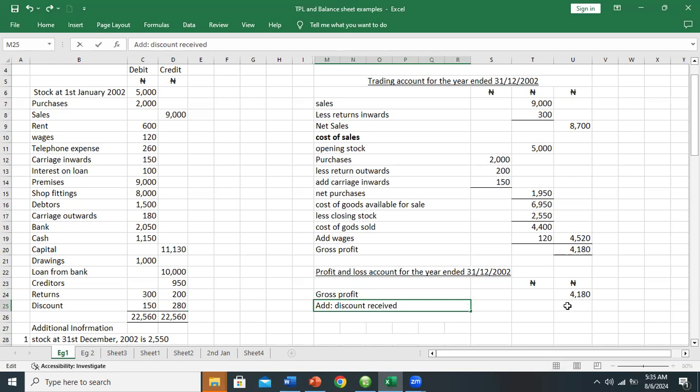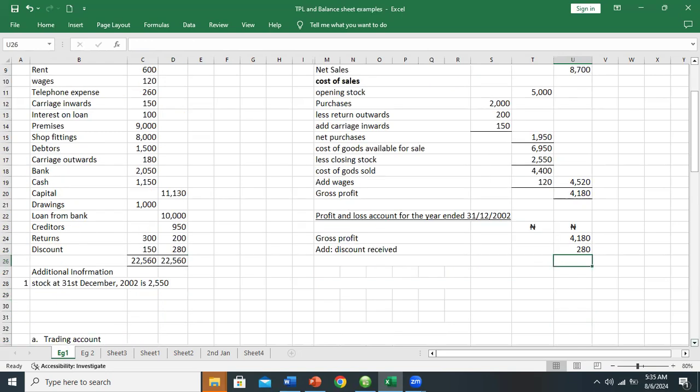It's only that one. So 280. You add it to your gross profit. So if there were others like commission received, rent received, you add all these things to your gross profit to get the total income.